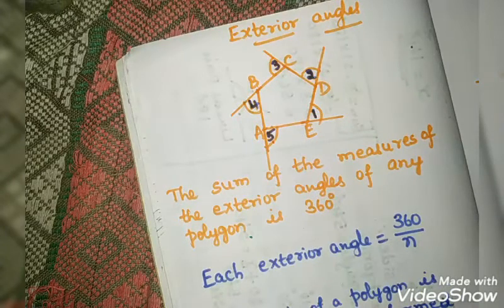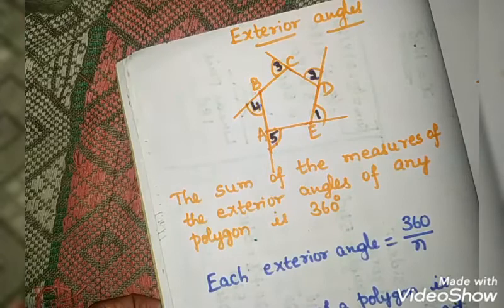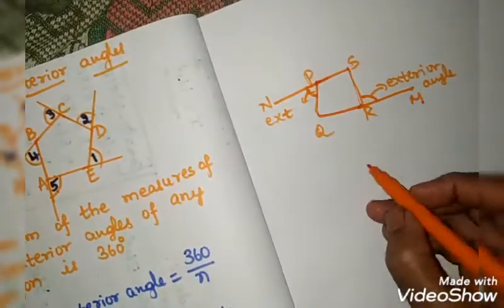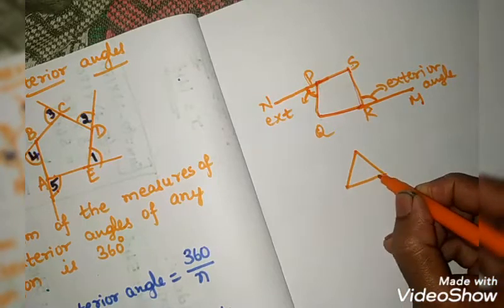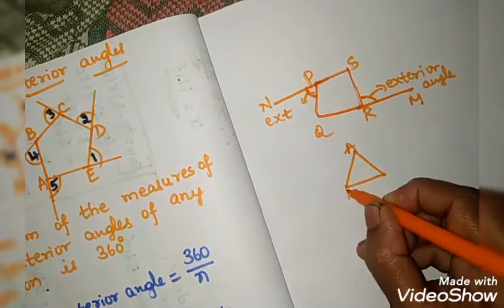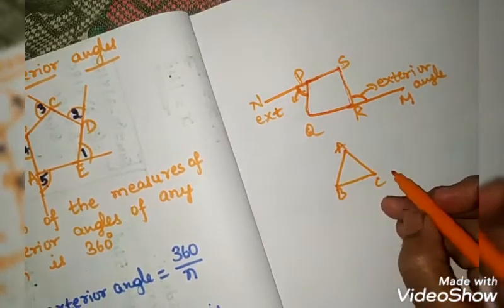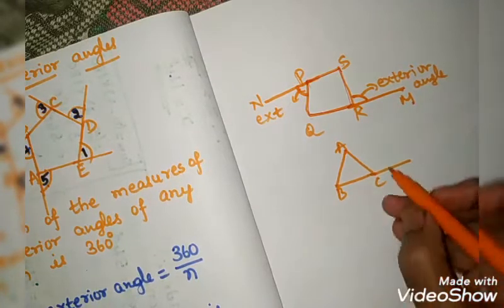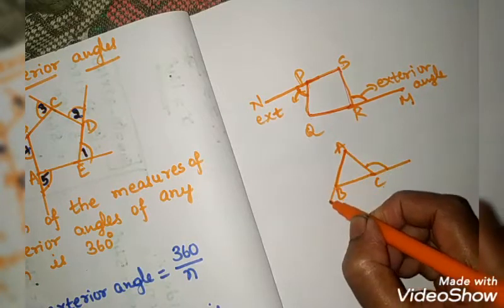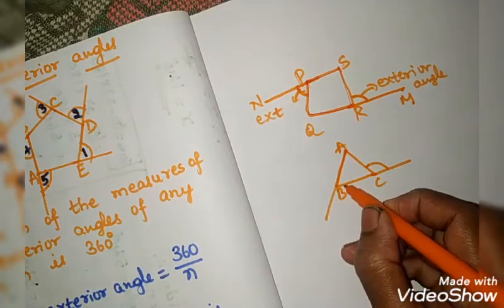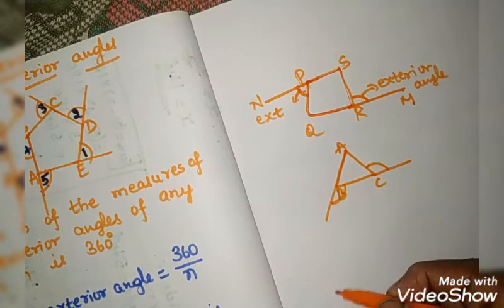In any polygon we can come across that. In a triangle also we can come across exterior angles. For example, if a triangle is there, you can extend. For example, ABC triangle is there. When BC is extended, we get an angle here. This is an exterior angle. When AB is extended downwards, we get an angle here, exterior angle.